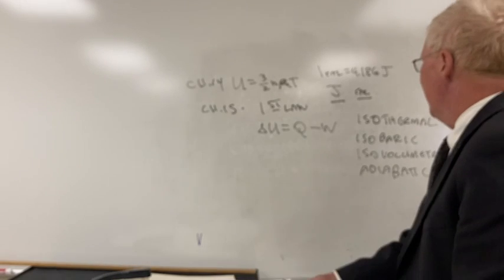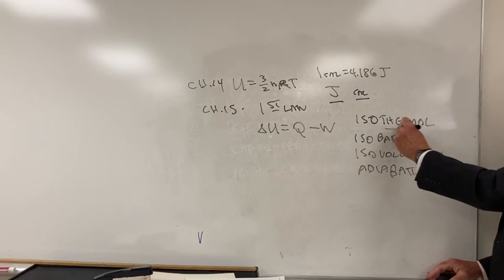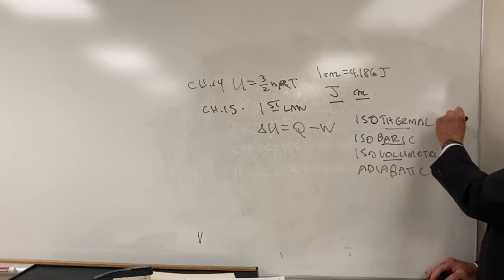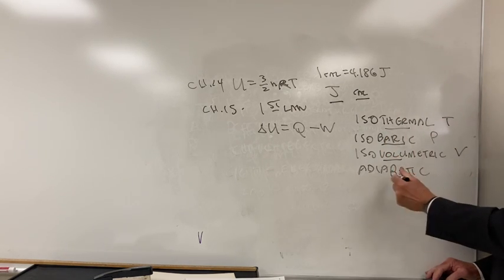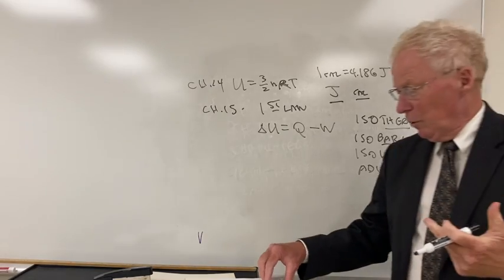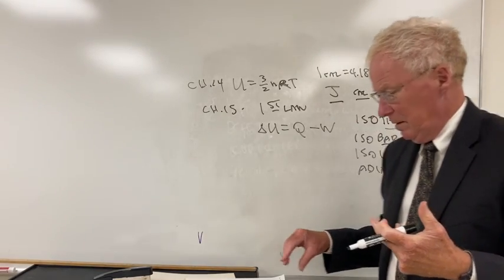Again, iso means that that part is held constant, so thermal is temperature, baric is pressure, volumetric, so this is T, P, and V, and adiabatic, Q is a constant. All right, so that's what we have here.